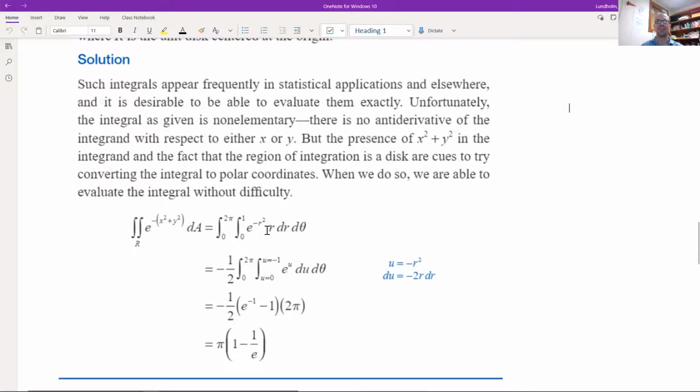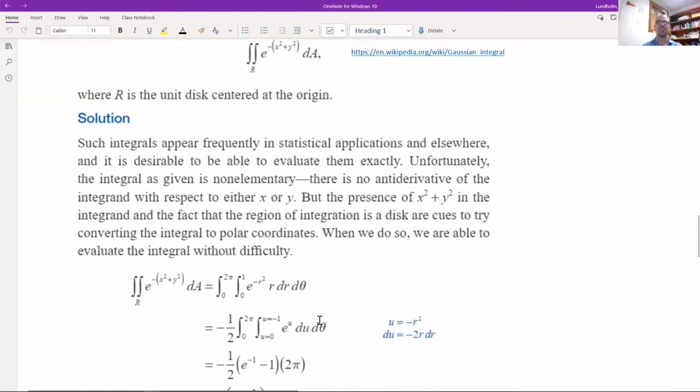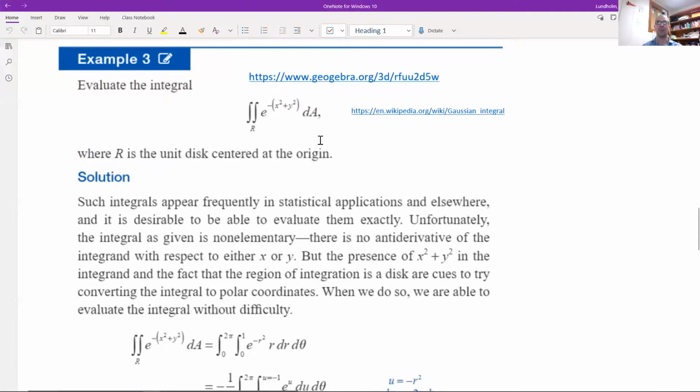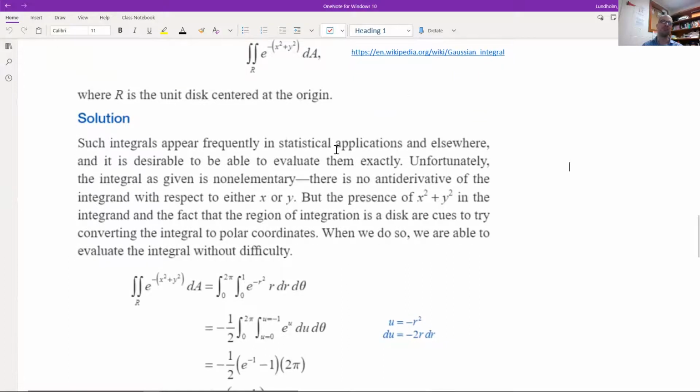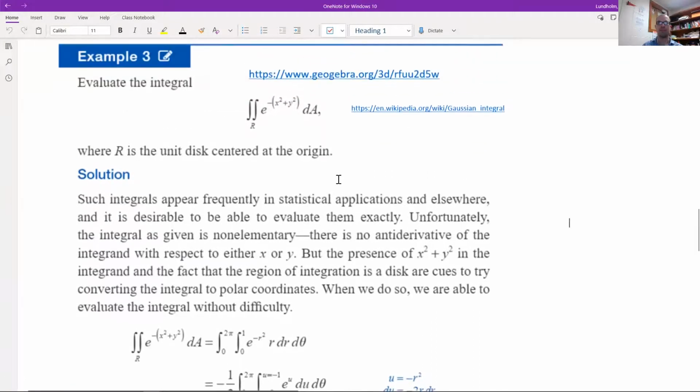We get an extra factor of r here, which allows us to do a u substitution that we wouldn't be able to do otherwise. Doing a double integral in polar coordinates actually allows us to solve a Gaussian integral, which is important mathematically in a variety of areas: physics, statistics.